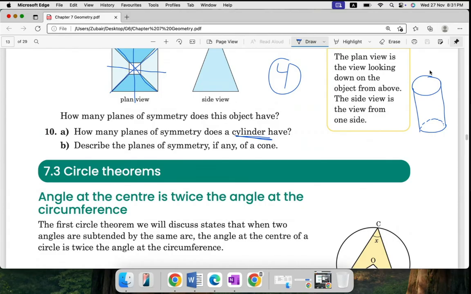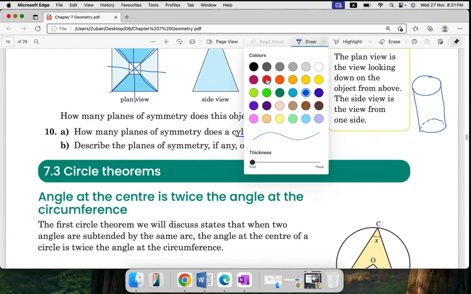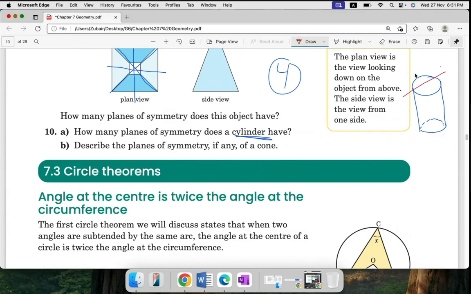Because the top point crosses the circle, so it will have infinite. So a circle would have infinite planes. I would love to say infinite plus 1, but that would still stay infinite.